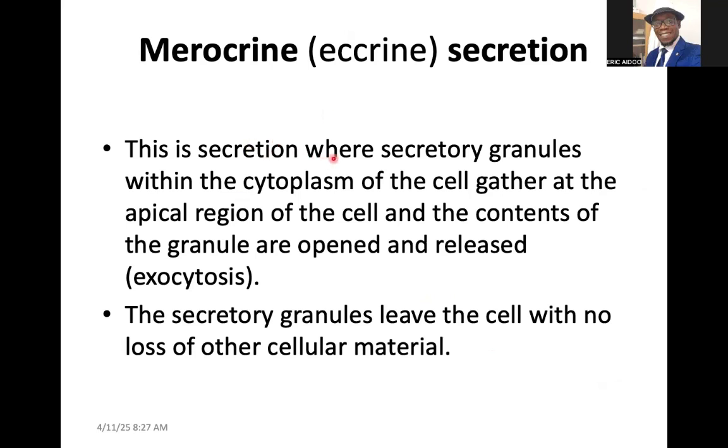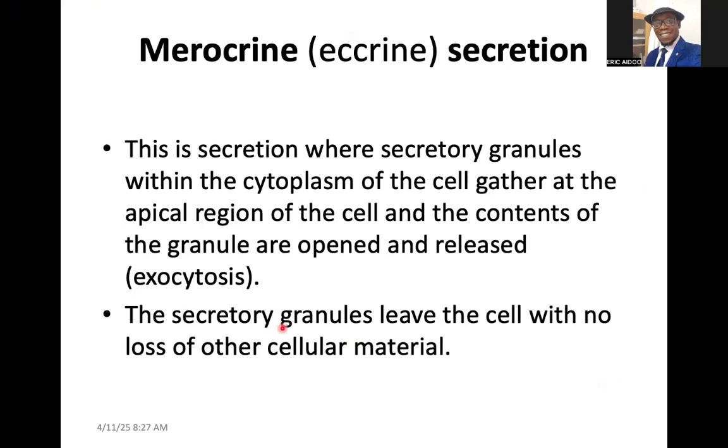This secretion is where secretory granules within the cytoplasm of the cells will gather at the apical region of the cell, and the contents of the granule are opened and released onto the surface by a process known as exocytosis. The secretory granules leave the cell with no loss of other cellular material. It means that only the substance that has been produced will be secreted.